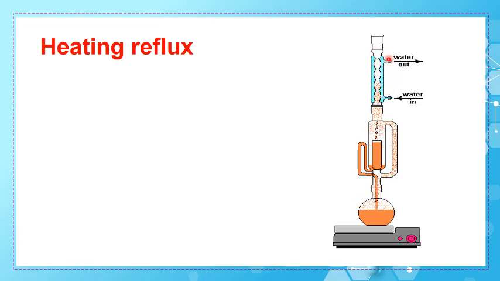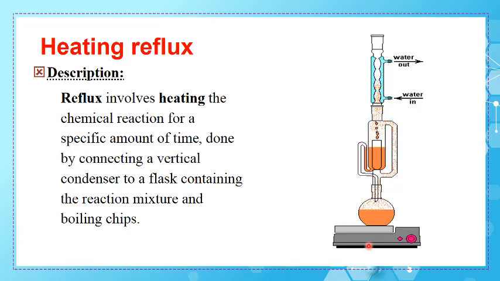Here the water coming in and out will cool the vapor. So as you can see, the vapor will condense back and return again. Here, as I said, it's a reversible reaction. So the components here are the alcohol, the acid, the ester, and water. All of them will evaporate and will condense back. So this is the importance of heating reflux.